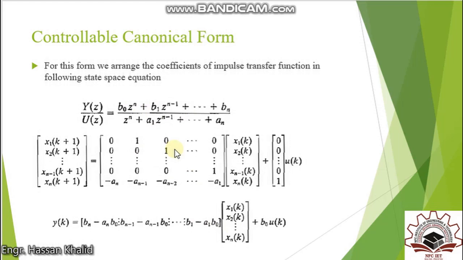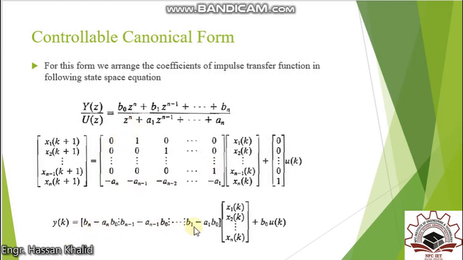Also keep in mind that the order of this whole system is defined by the power n of z in the characteristic equation. If it is equal to 3, the order of this whole matrix will be 3 by 3, and so on.